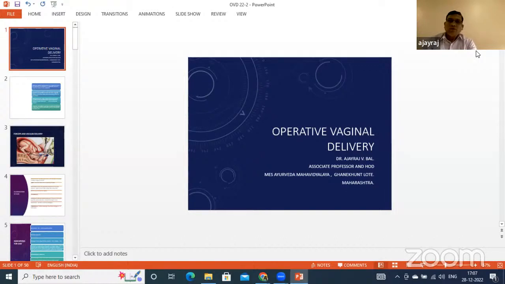If you observe a non-reassuring FHR pattern but the descent is good, the head is on the perineum, and there is no chance of outlet CPD, then you can deliver the baby as usual with the operative vaginal method, forceps or vacuum, whichever you are comfortable with. But if acute severe fetal distress or meconium-stained liquor is there, then I would not opt for vacuum or forceps, and I will opt for cesarean section.